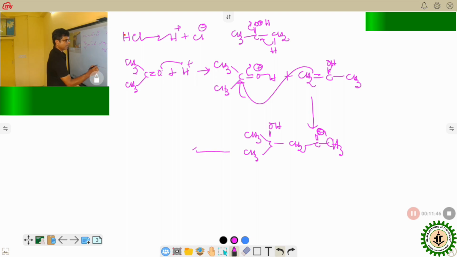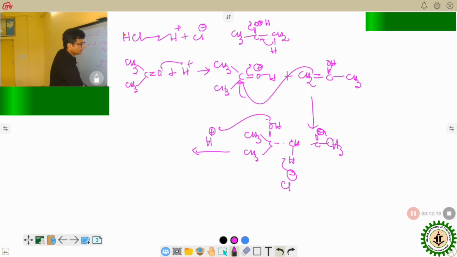Followed by subsequently, this will be reacting with this proton, and the Cl minus will abstract this beta hydrogen.